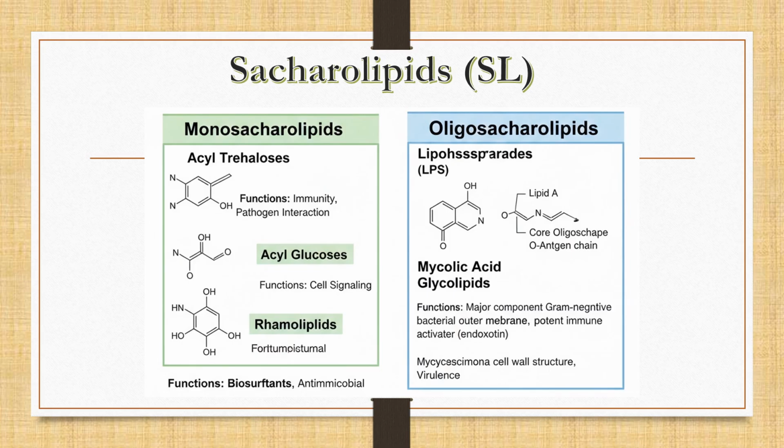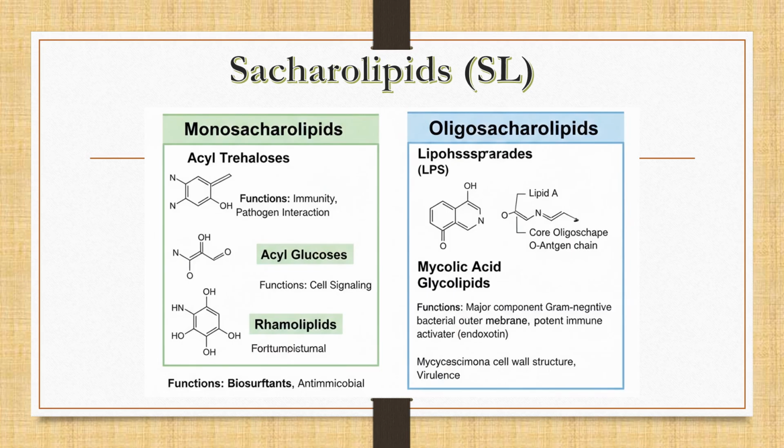Saccharolipids are lipids with fatty acyl chains linked to a sugar backbone rather than to glycerol or sphingosine. This structural arrangement is most commonly found in bacteria and plants, where it plays a crucial role in membrane organization.